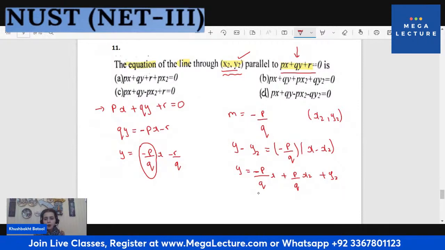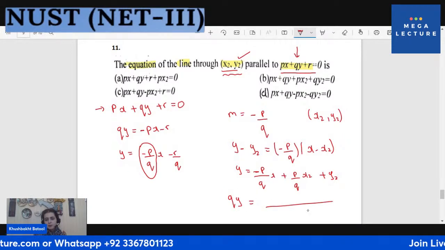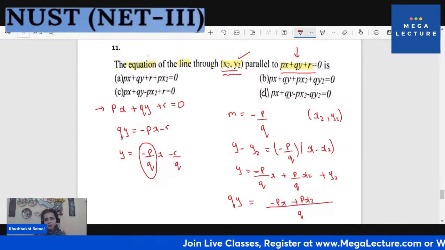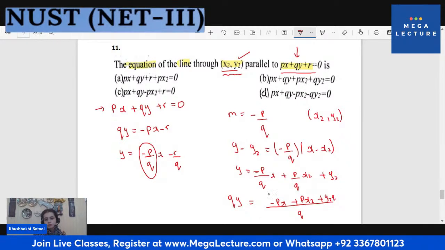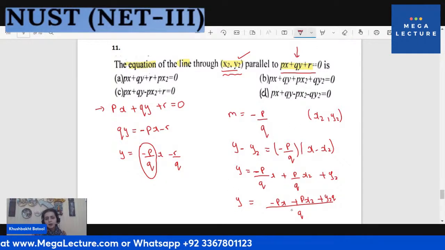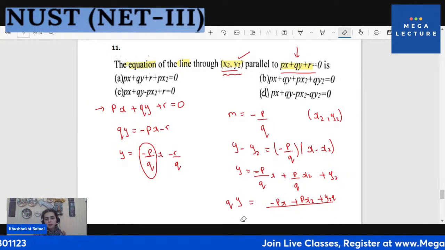Right? And now I need to take q common and it would give me qy, like I'll be taking the LCM. So minus px plus px2 plus y2q. This y would come there once I multiply it. I can take it to the other side and it would come here. So I can get rid of this one. I'm doing everything here quickly to save time.